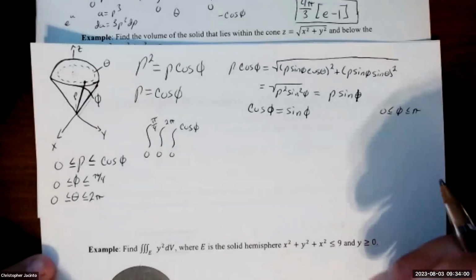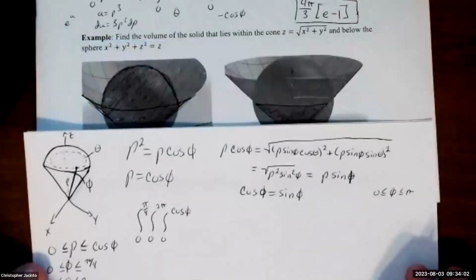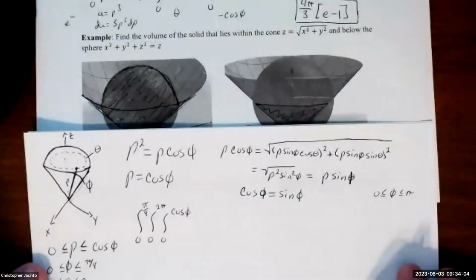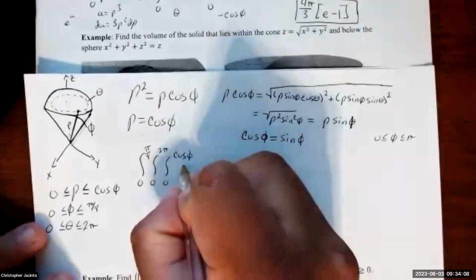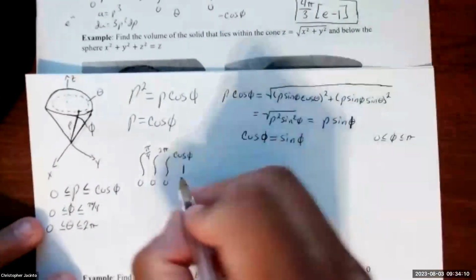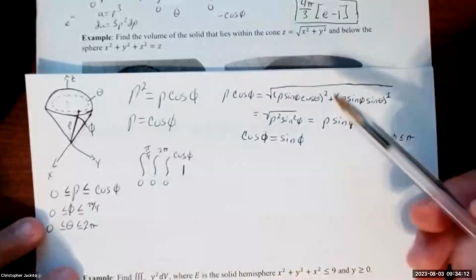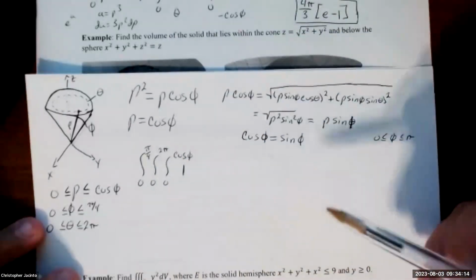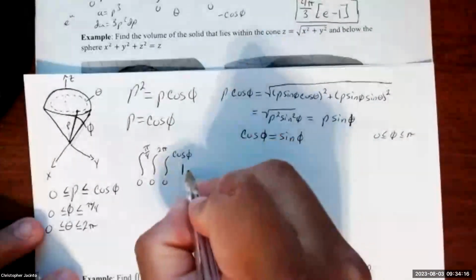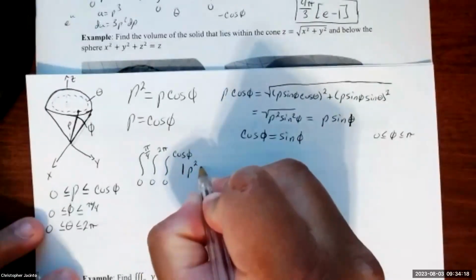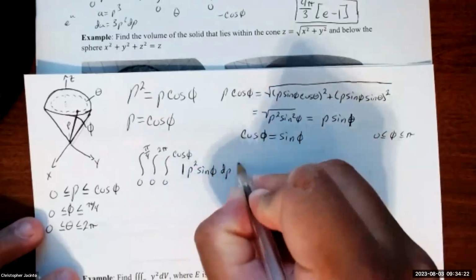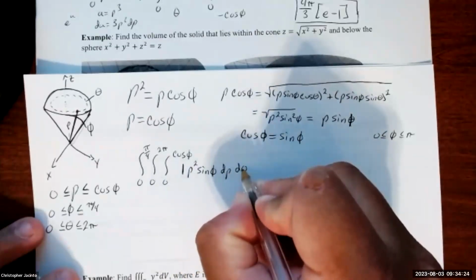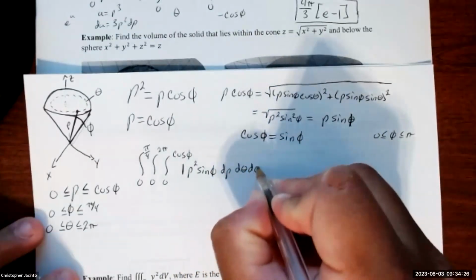Now the question is, what am I integrating? That's a good question. It's actually just 1 times our conversion, because we weren't given an actual function to go by, so it's just going to be 1 times that.